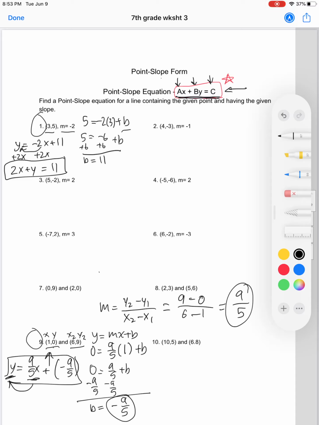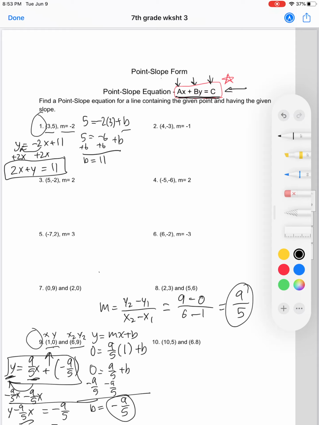So what we do is we subtract 9/5 x on both sides. Now, -9/5 is equal to y minus 9/5 x, right? Now we have fractions, and we don't really like how the fractions look.